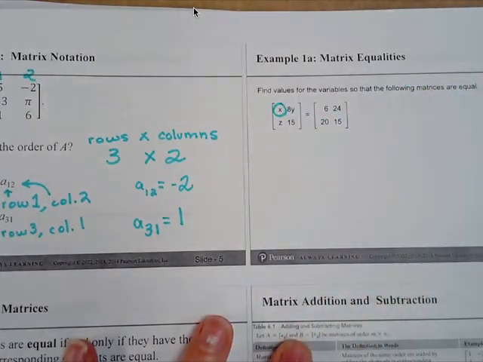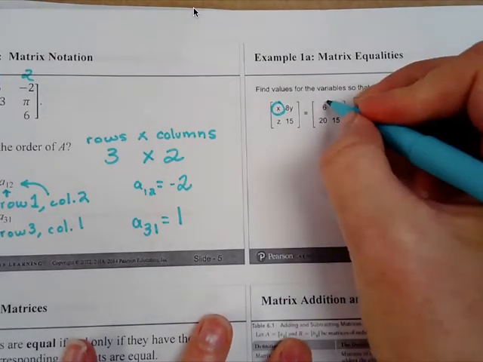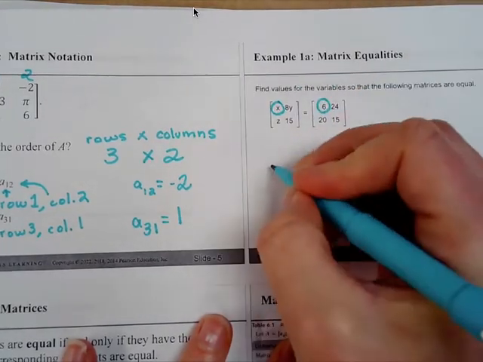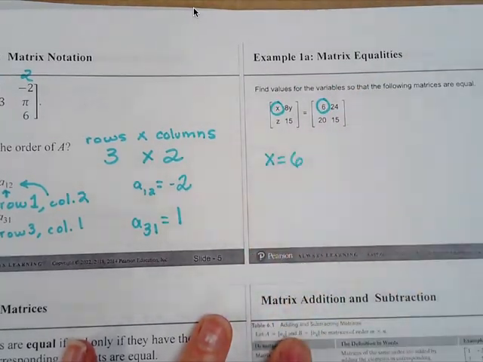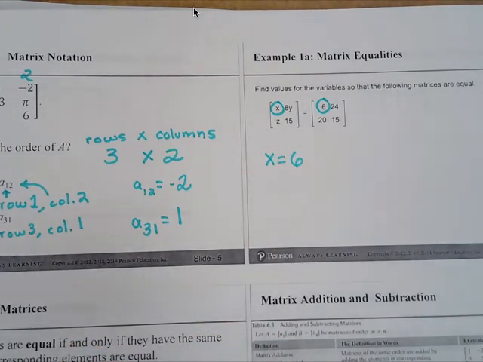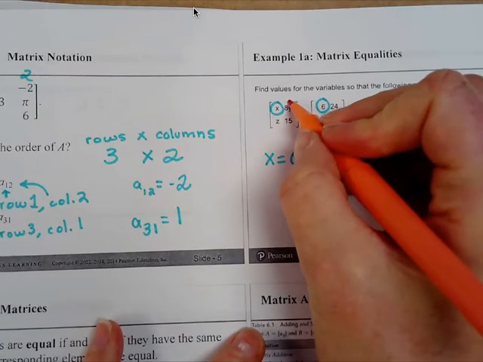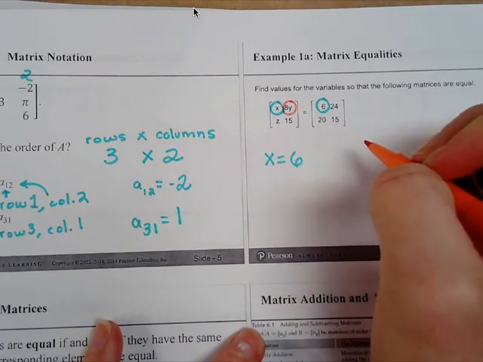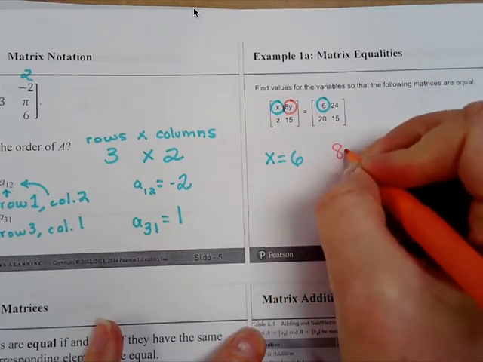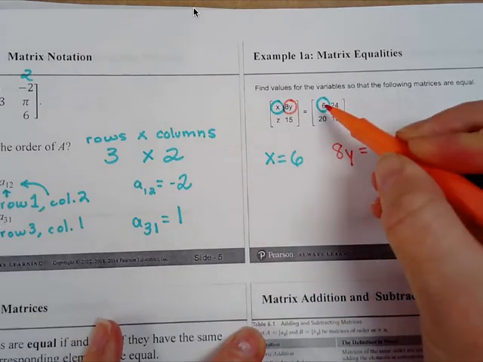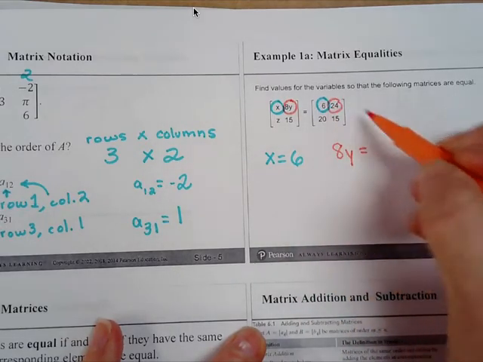So row 1, column 1 is x. Row 1, column 1 is 6. So x equals 6. Row 1, column 2 is 8y. Row 1, column 2 is 24.